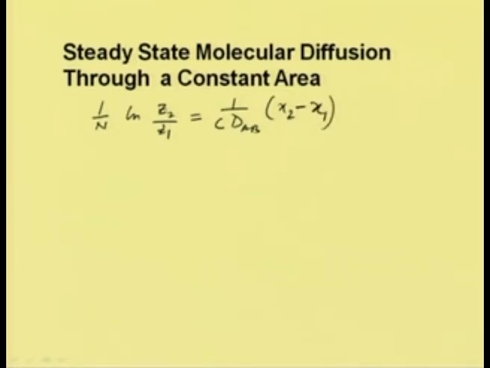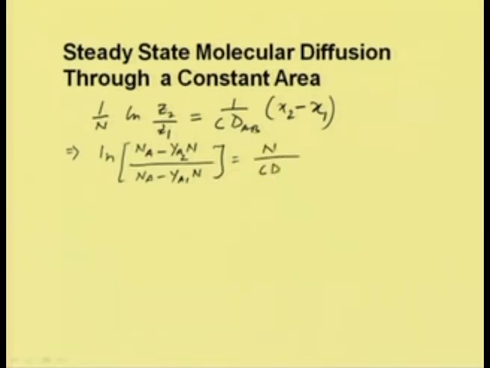So, if we substitute the limit z1, then we can write ln of NA minus YA2 N divided by NA minus YA1 N would be equal to N by C DAB into x2 minus x1.